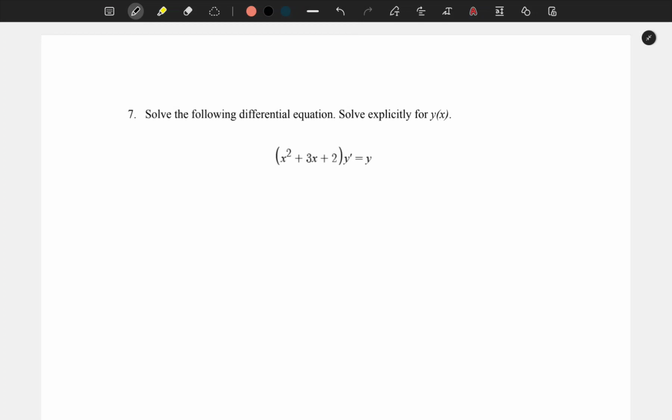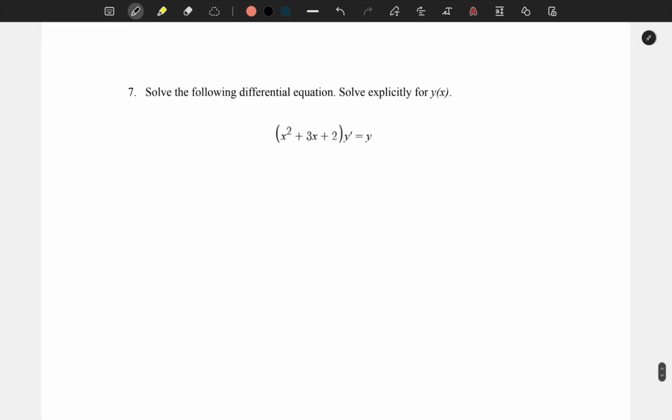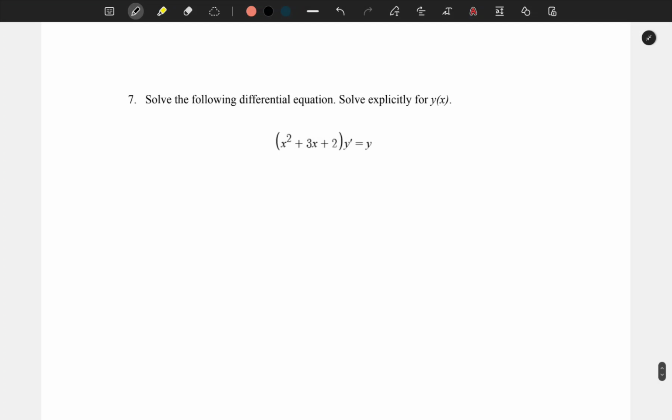And so the first thing we want to do is check whether this differential equation is separable. As I previously mentioned in the video I made for question 3, where we had to do an initial value problem, separable is typically an easier method.